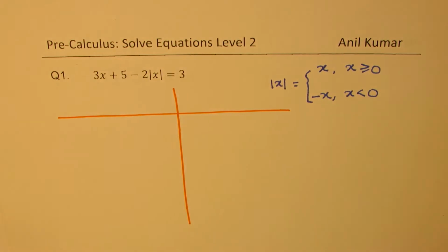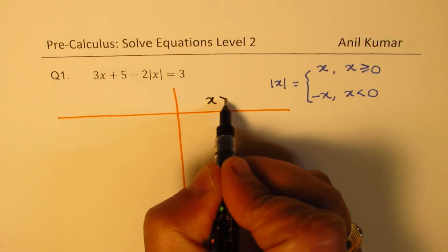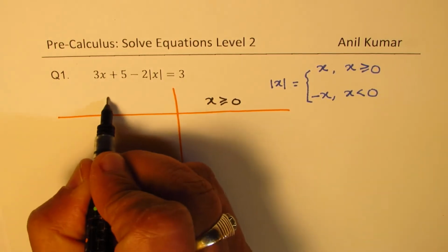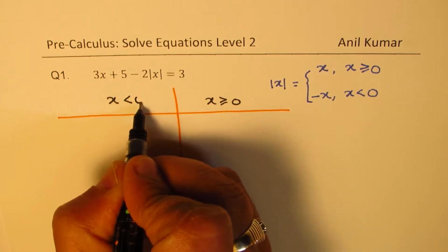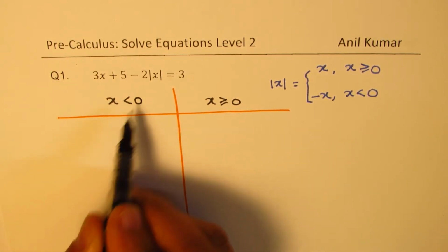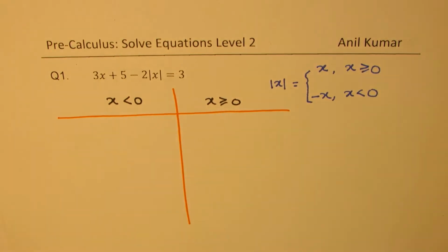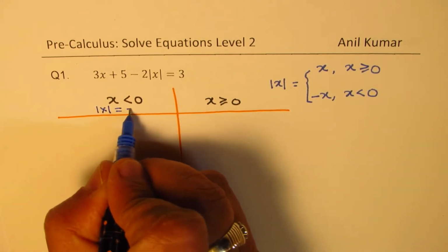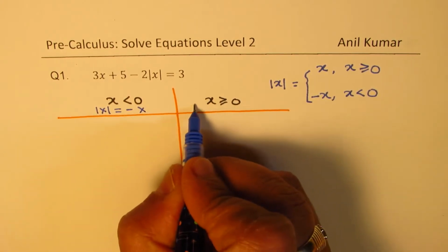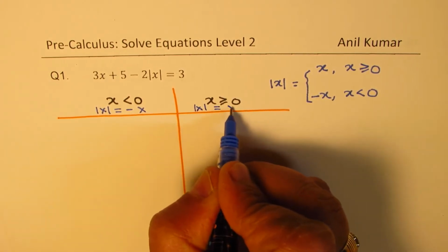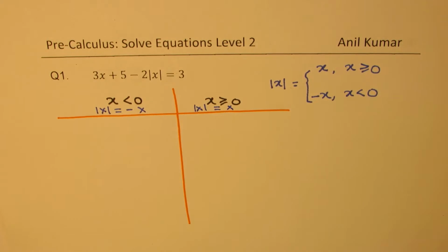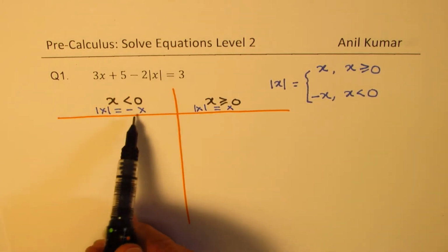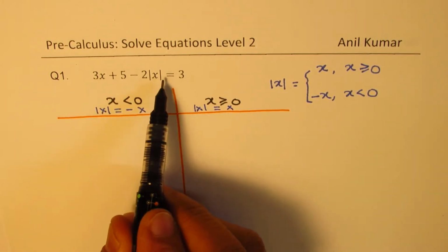One interval being x greater than or equal to 0, the other one being x less than 0. Now if x is less than 0, in that case we just saw here that the absolute value of x should be equal to minus x, and in this case the absolute value of x should be equal to positive x. So we'll replace absolute value of x with these values and solve the equations.